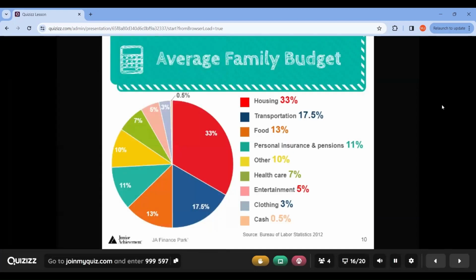As you can see, it's 33% housing, 17.5% transportation, 13% food, 11% personal insurance and pensions. Healthcare is 7%, likely due to our public healthcare. Entertainment is 5%, clothing is 3%.